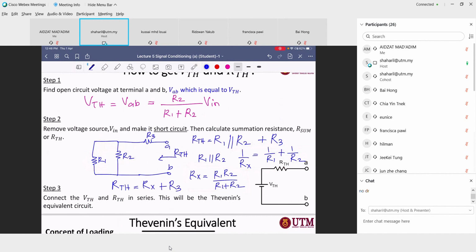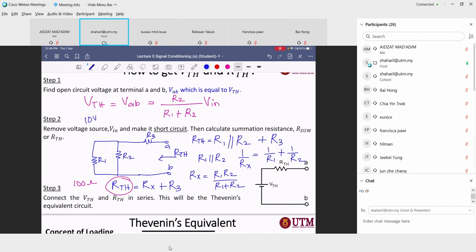That means when you get this value RTH, for example, you calculate and get 100 ohm, and VTH, for example, you calculate about 10 volt.